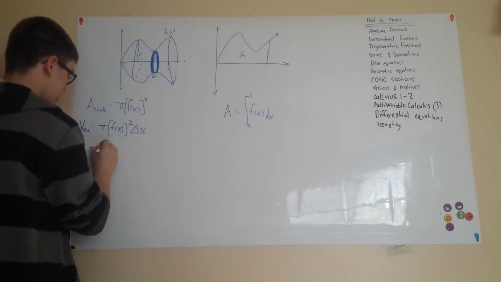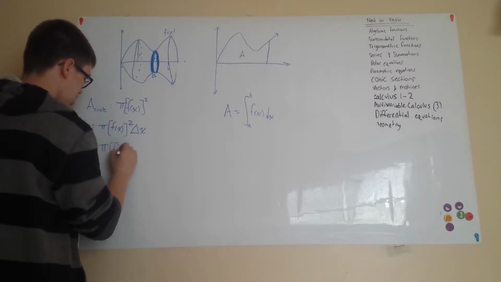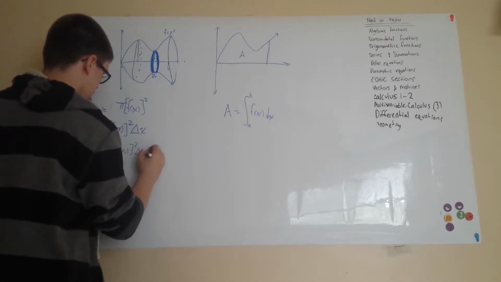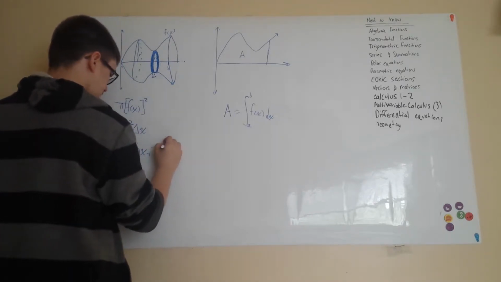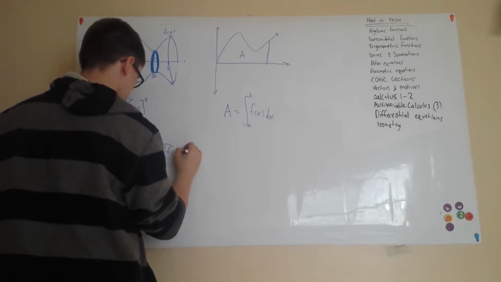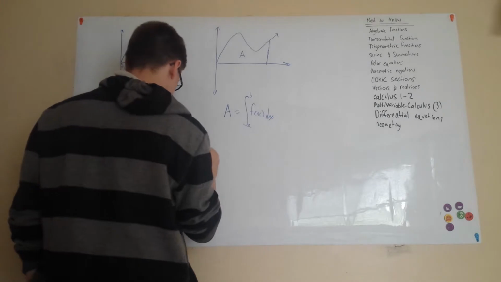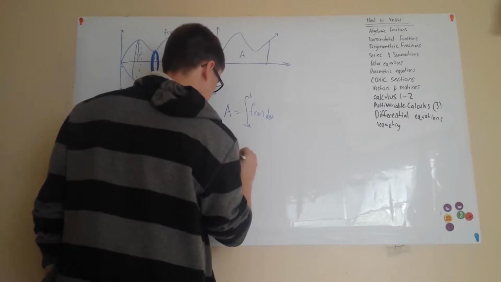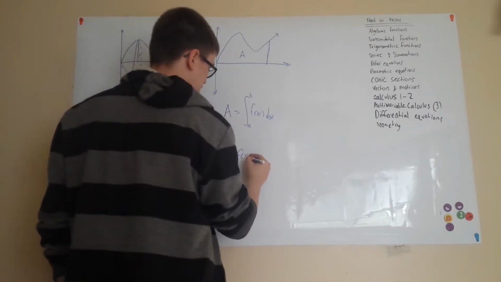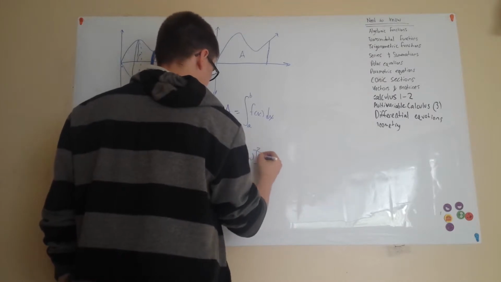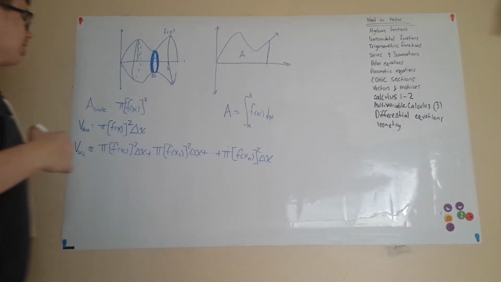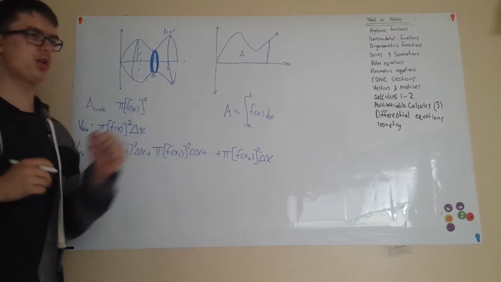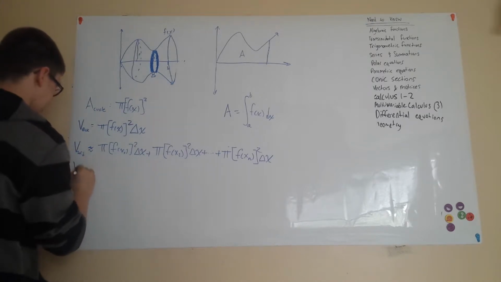So, to approximate the volume, I want to add up the volumes of these disks, all the way to the last one, which is n. And if you can see where I'm going, you can see that this is an approximation, right?